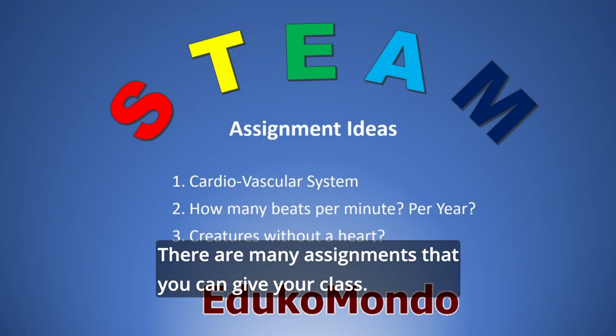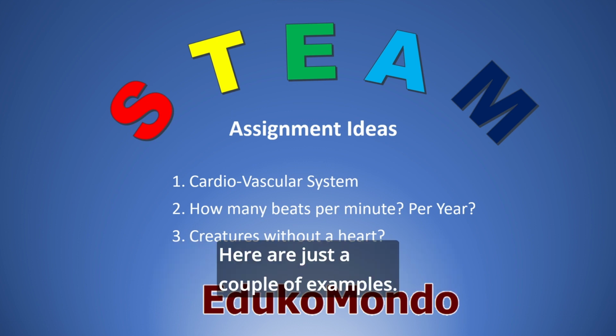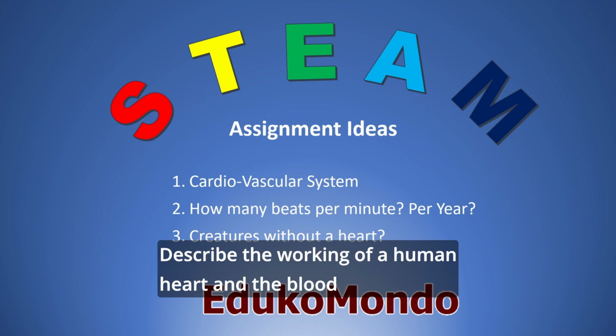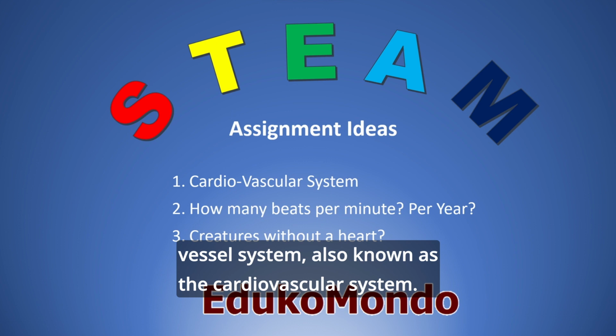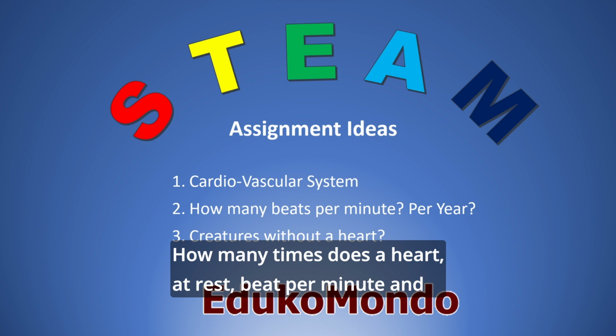There are many assignments that you can give your class. Here are just a couple of examples. Describe the working of a human heart and the blood vessel system, also known as the cardiovascular system. How many times does a heart beat per minute at rest?